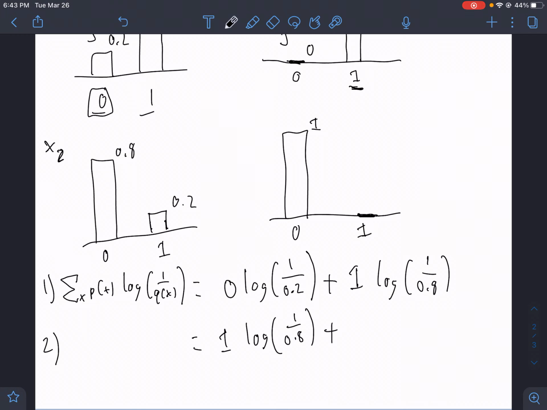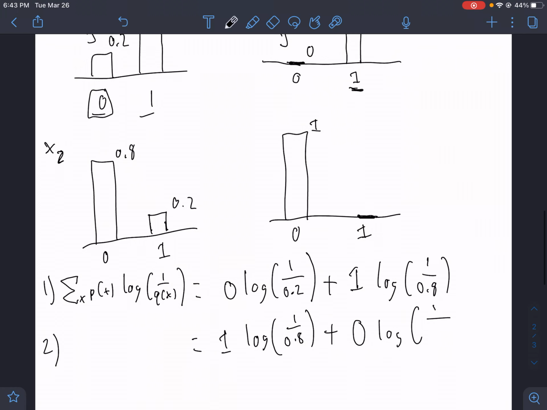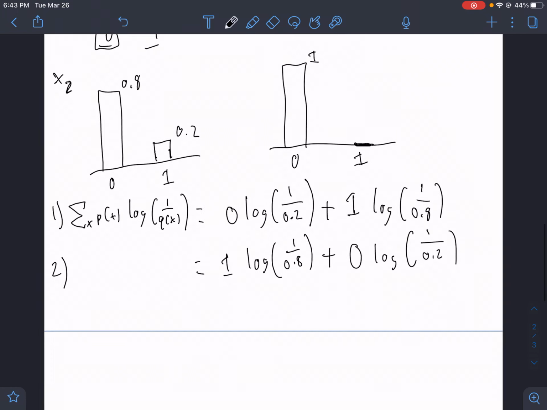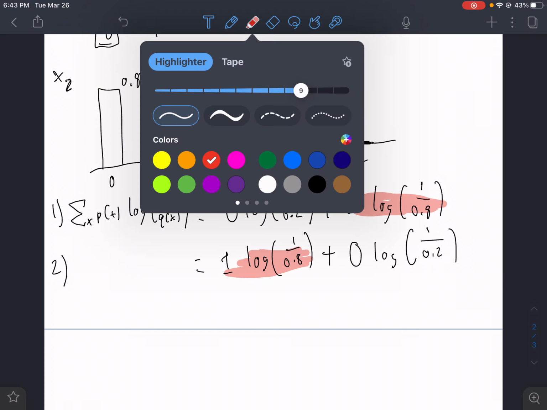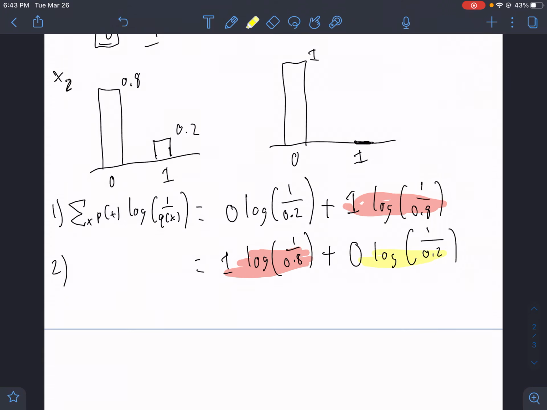And then for the next, our P of 1 is 0, and our Q of 1 is 0.2. We can see that these are actually identical to each other, right? These two are identical, and these two are identical.